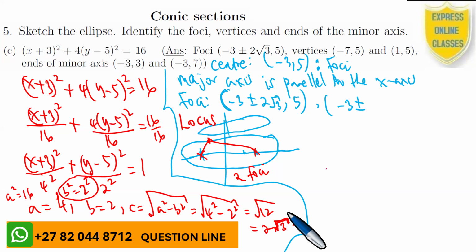But now, okay, we speak about the foci. So we then continue to say what the foci are.